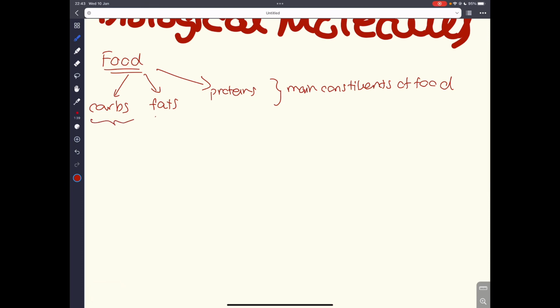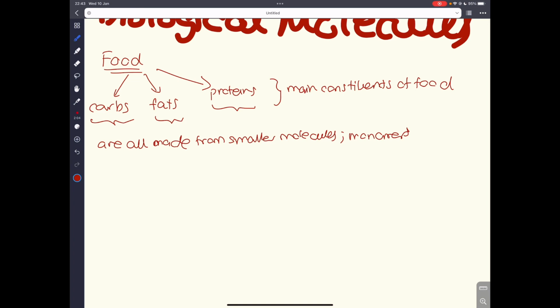Now, we have to talk about how these molecules are made. These carbohydrates, fat molecules, and protein molecules are all made from smaller molecules such as monomers. Now, these monomers could be various ones.